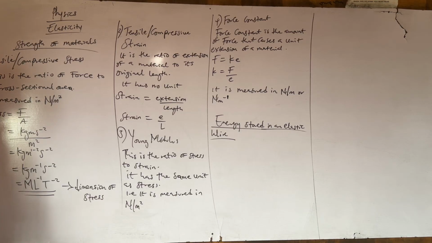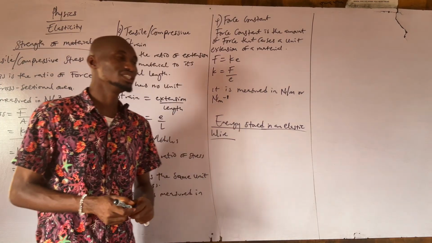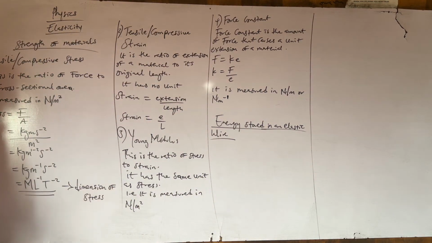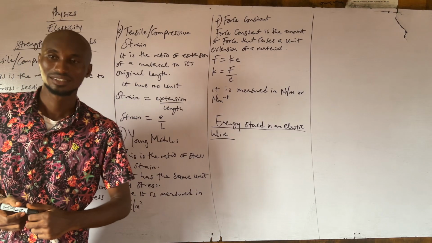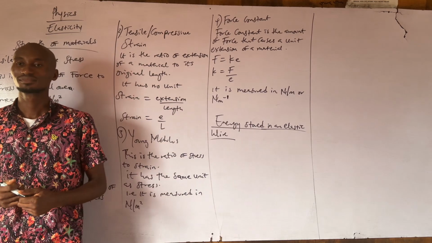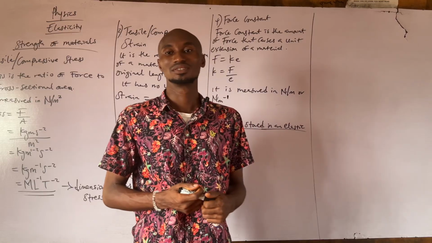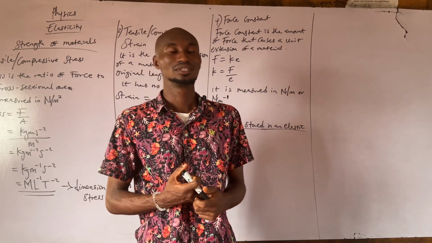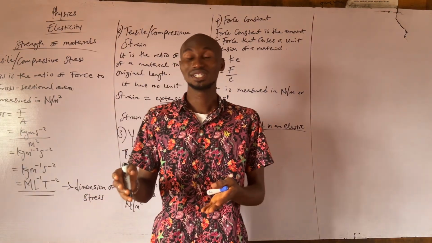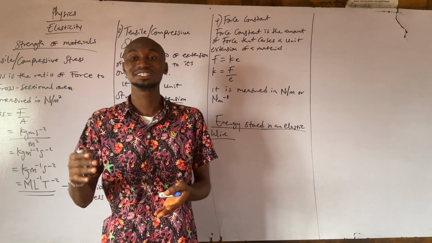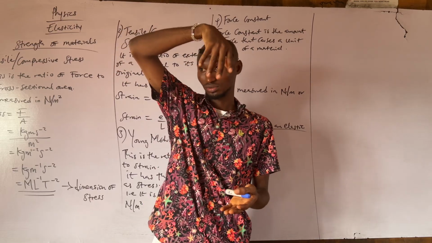So what is work done in elasticity? When a force causes an extension in the length of a wire, that means there's an impact. Understand? A work was done.